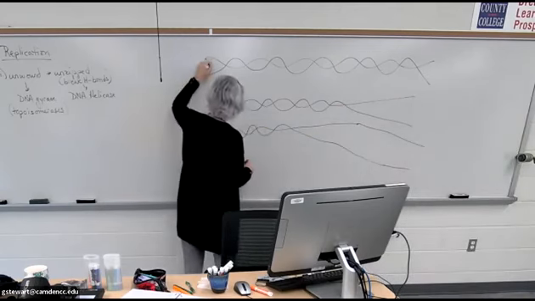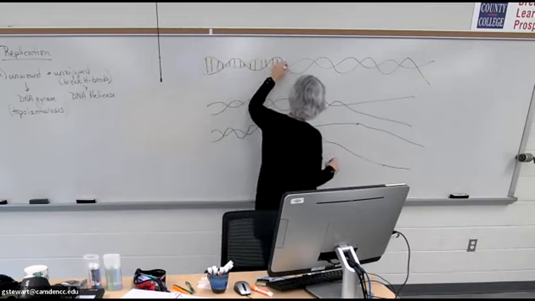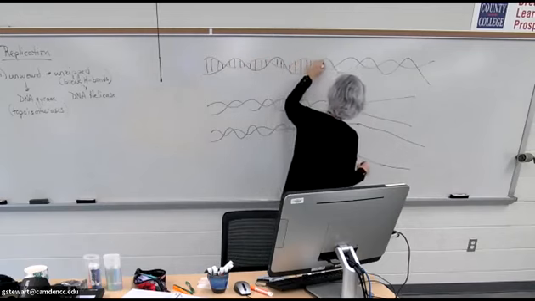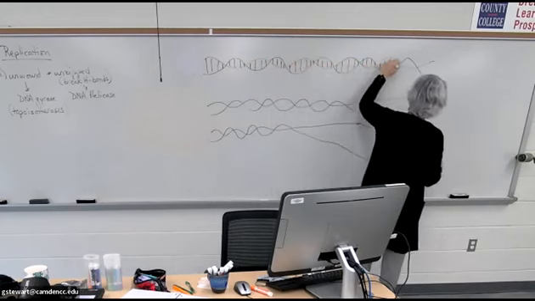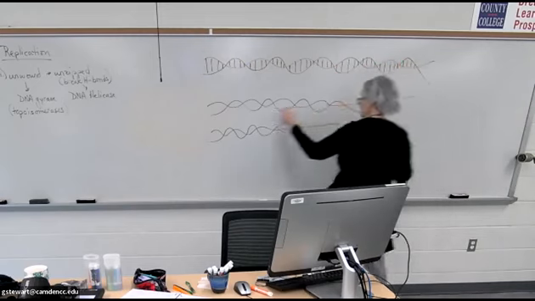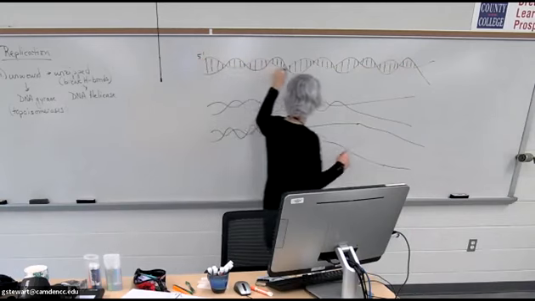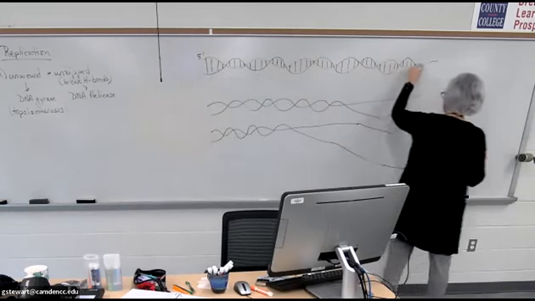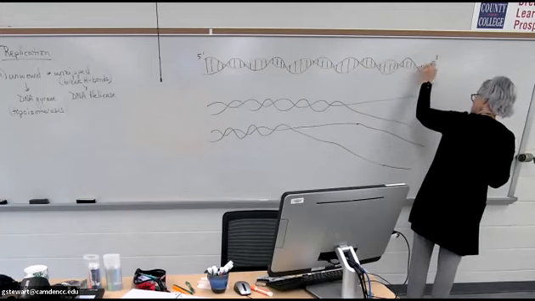So if I draw the lines to make the base pairs, and I would encourage you to do this too, either now or later, to practice and help you remember. Hopefully this will be a 3 prime end, and then that makes this a 5 prime end. 1, 2, 3, 4, 5, 6, 7, 8.